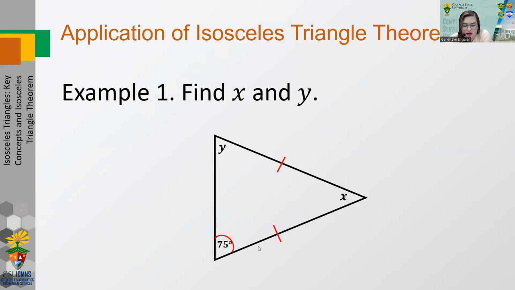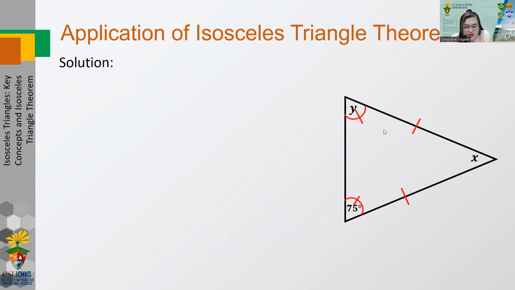So, 75. So, these are the legs. So, kung 75 ni, unsa man ni? Si y. 75. Si x. 30. Okay, so ingon ana ra siya, no?